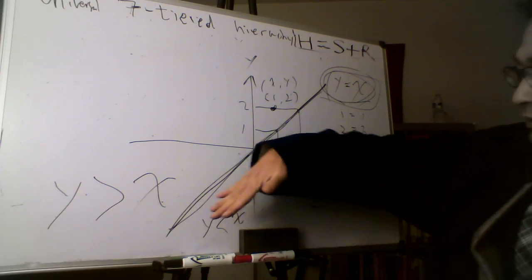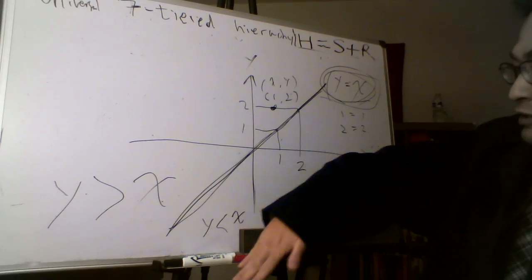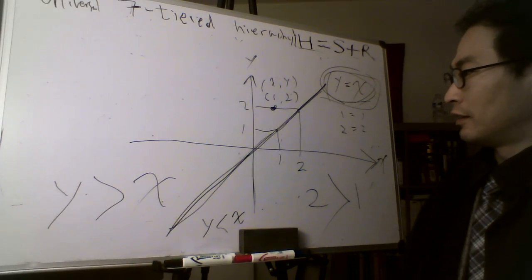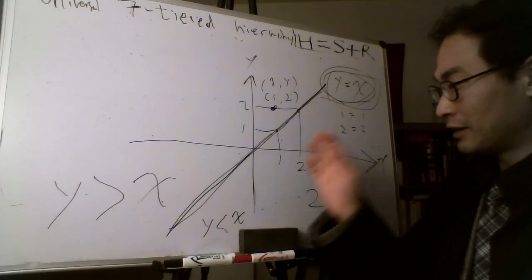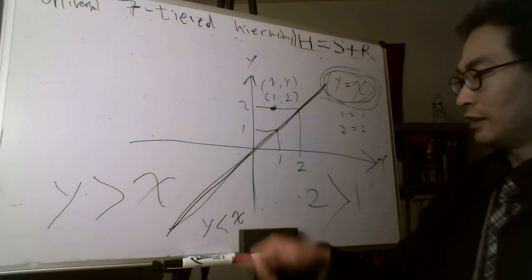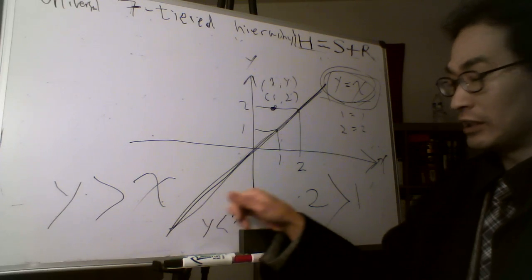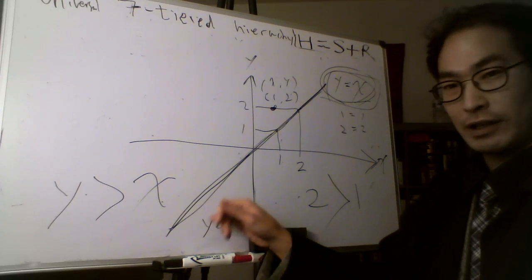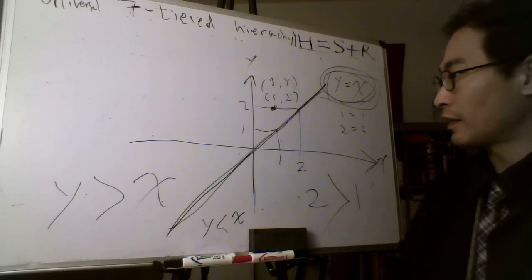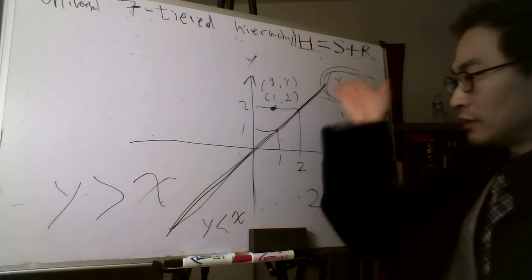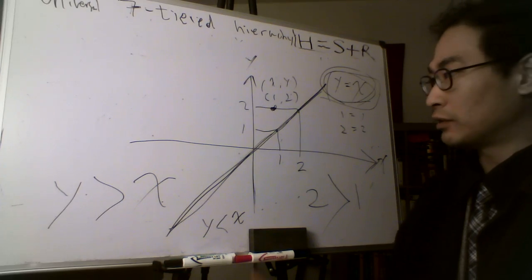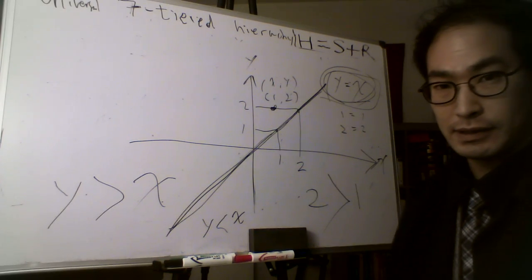So the region below this line, the half of the two-dimensional space that is below this line, satisfies this inequality, right? That's why an equation defines a line. We're talking about two-dimensional space.